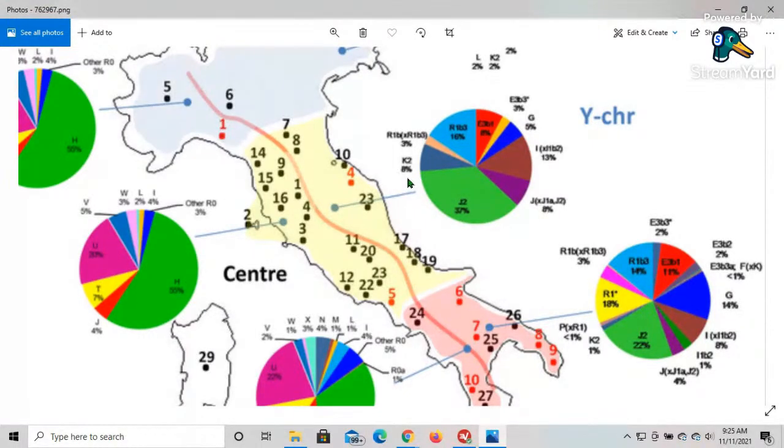So I'm confirmed once more to have accurately predicted. You know, creationists make more predictions than evolutionists. I accurately predicted that the K2 would be in Italy, and I found it in Italy. Thankfully.